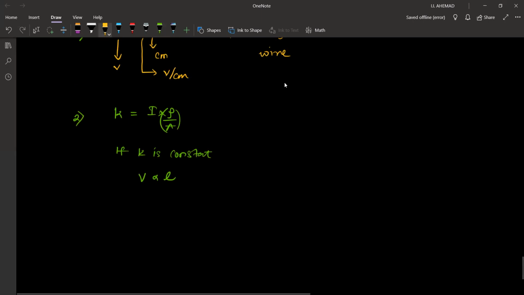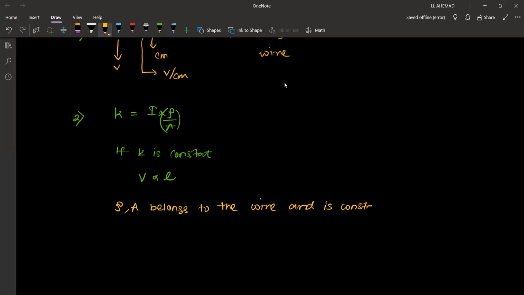Rho and A belong to the wire. Rho is the resistivity of the wire and A is the cross-sectional area of the wire, which is constant. I has to be kept constant.